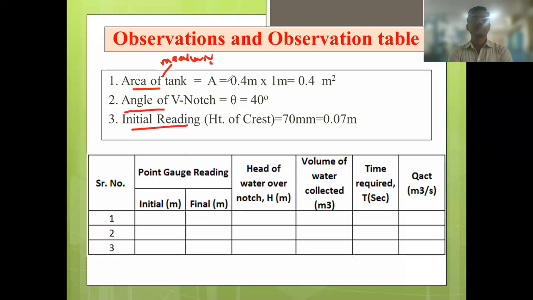Prepare the table. 7 columns are there. Serial number, point gauge reading. In point gauge reading there are 2 columns, initial and final.